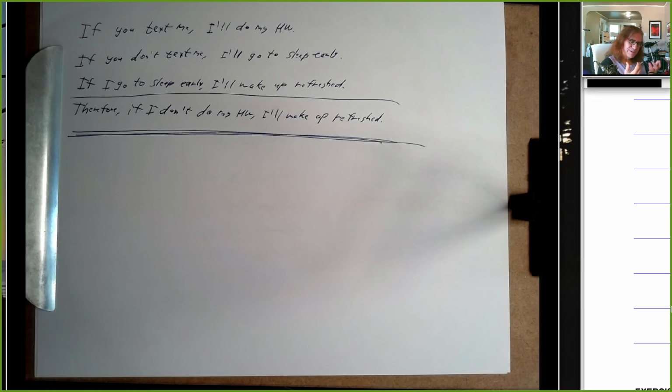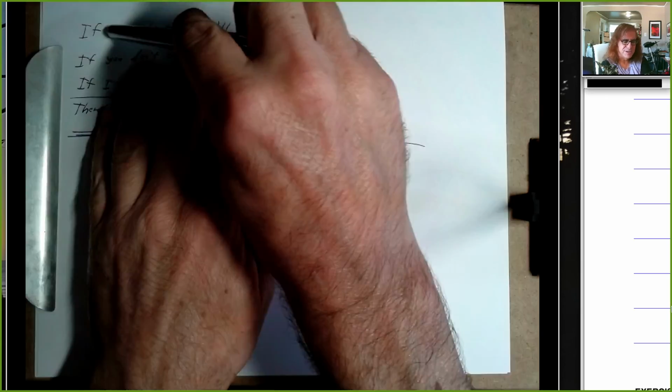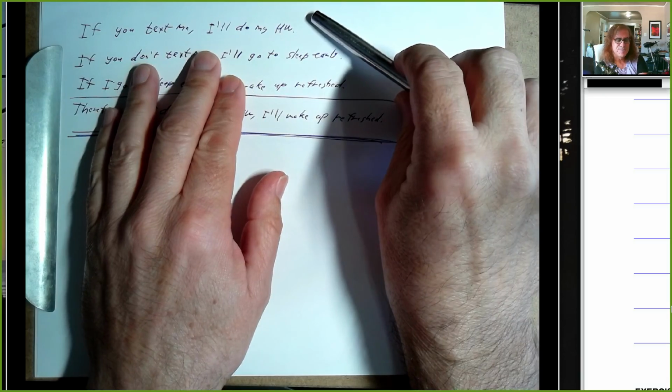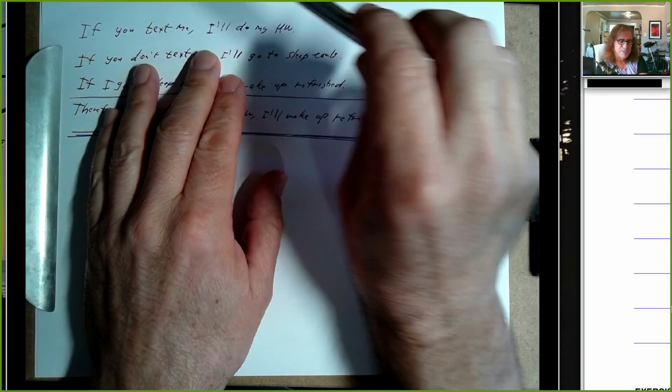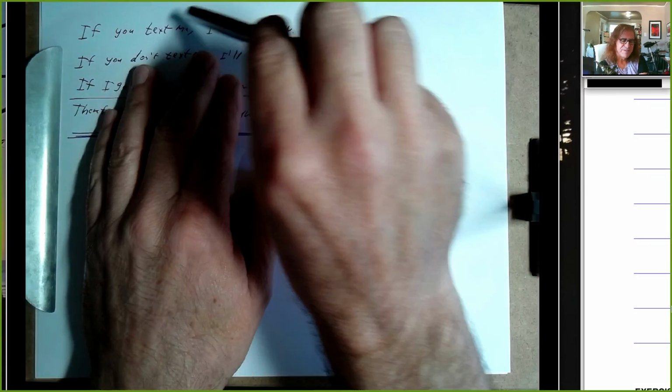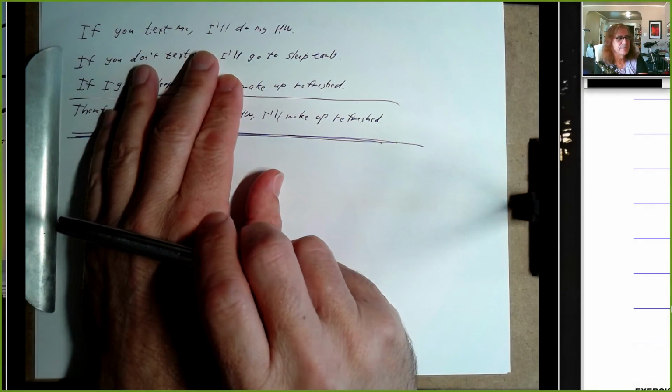To turn this into the language of propositional logic, we usually want our propositional variables to represent small propositions, as small as possible. So rather than say, let P be the proposition, if you text me, I'll do my homework, I would say, let's make a pair of propositions. One for you text me, one for I do my homework. And then let's write this as if that first thing, then this second thing.